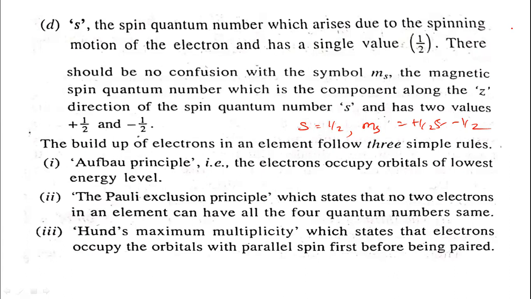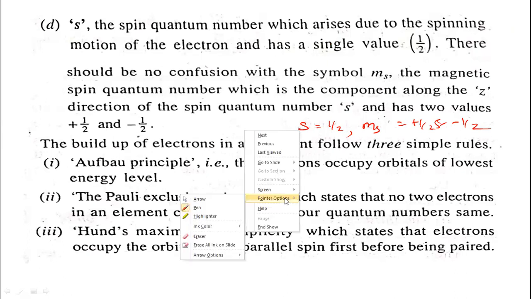Okay. Let us see now, for the hydrogen atom, let us find out all these four quantum numbers. Hydrogen has atomic number 1, electronic configuration 1s1.